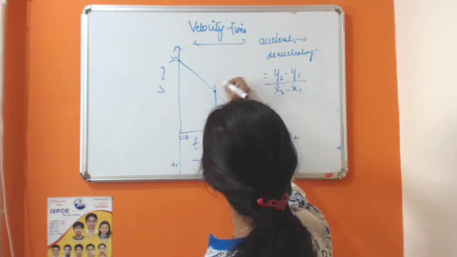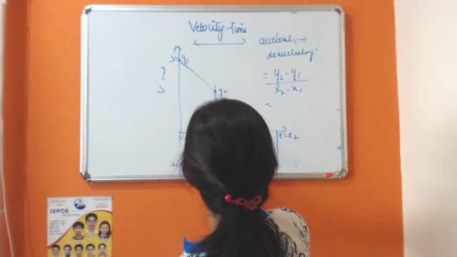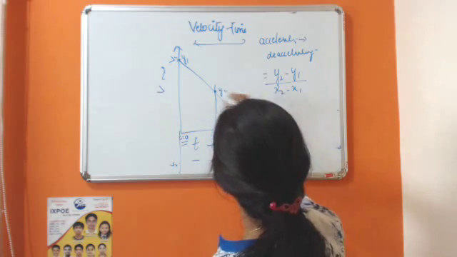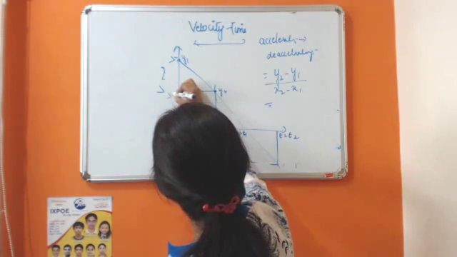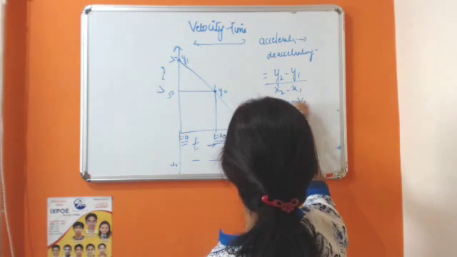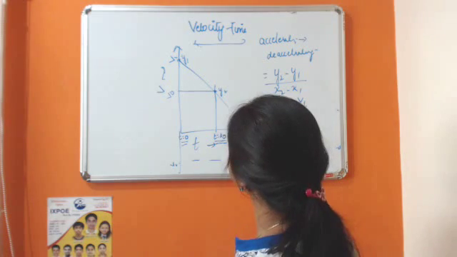So this is the final y2, and this is your initial y1, this is your final time, and this is your initial time. So acceleration will be, let the velocity here be v naught, acceleration will be v naught minus v1 by t naught minus 0.